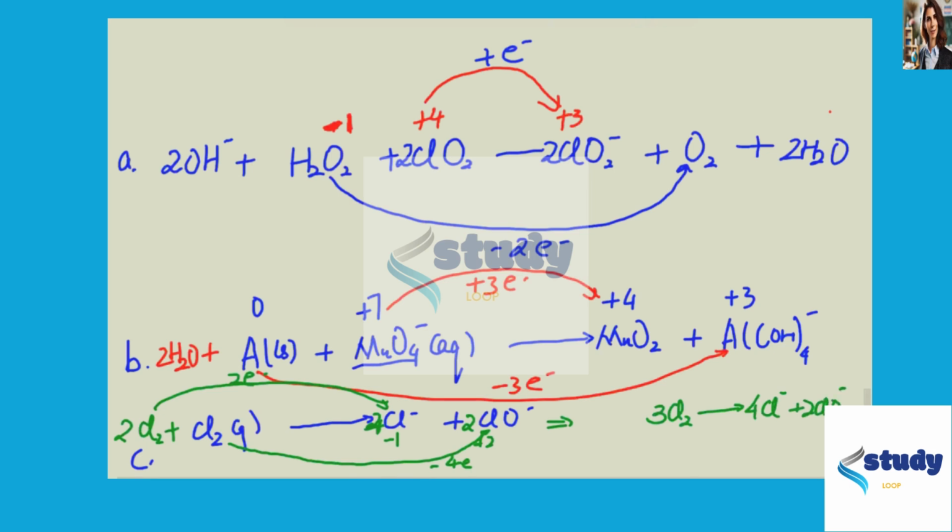And what else do you need? It says it's in a basic solution. So you have water and OH minus. It gives 2 oxygens, so you should have 4 OH minus.